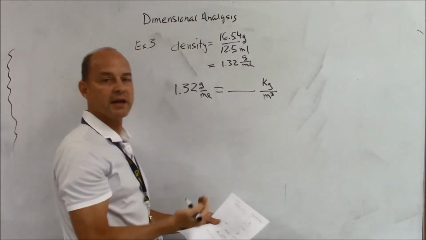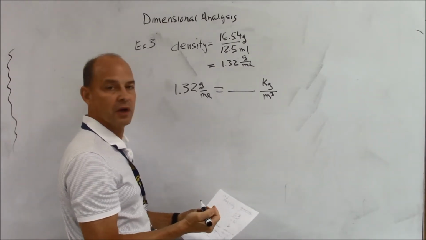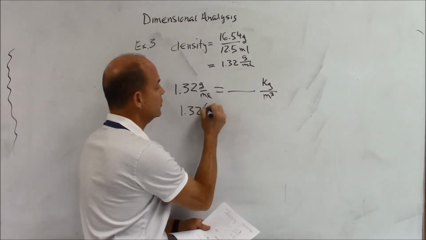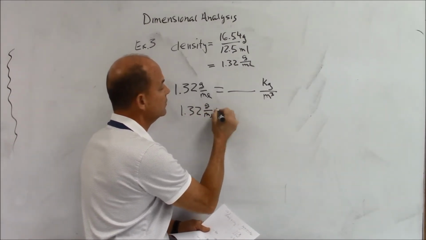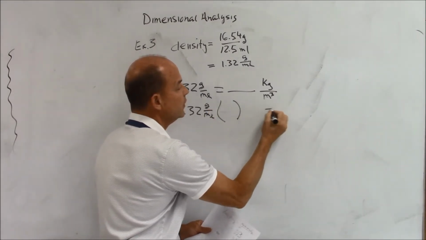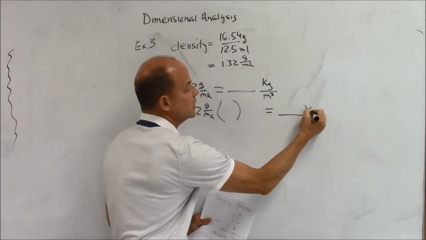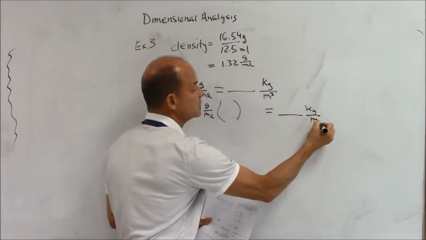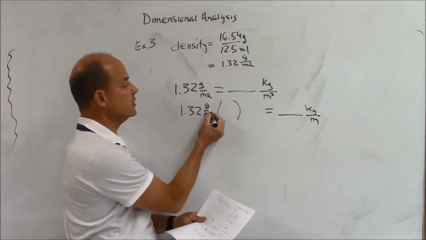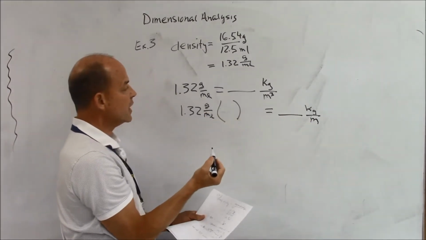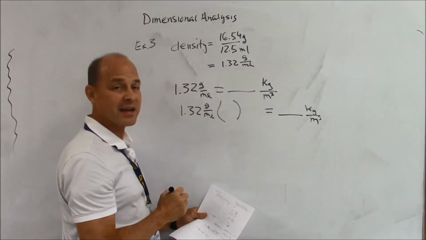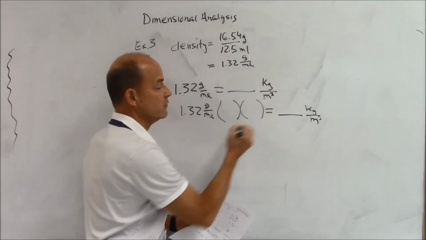Well, you would recognize this as a simple problem where you have to convert units, right? So you would need a conversion factor for that. It's 1.32 grams per milliliter times some conversion factor will be equal to the answer that you want in the units that you want. But recognize here that you have to convert not only grams to kilograms, but you've got to convert milliliters to meters cubed. That's actually going to take two conversion factors.